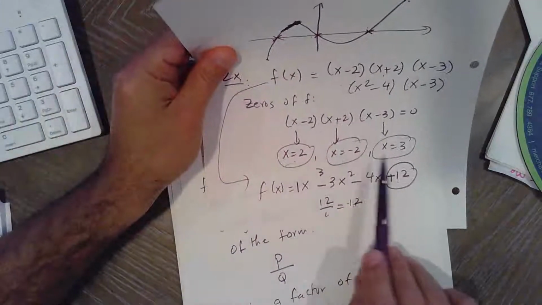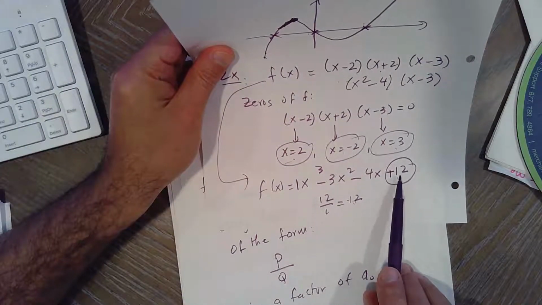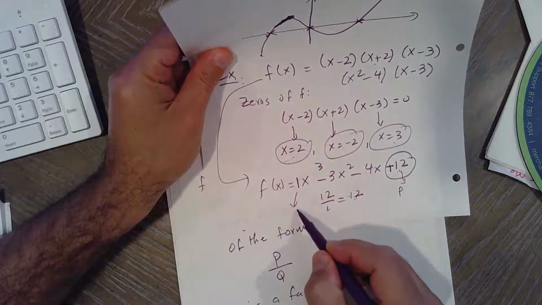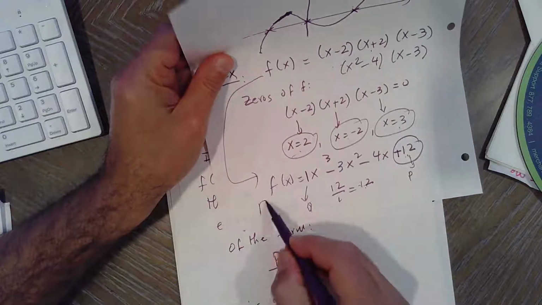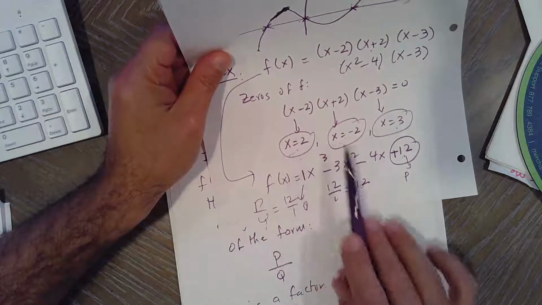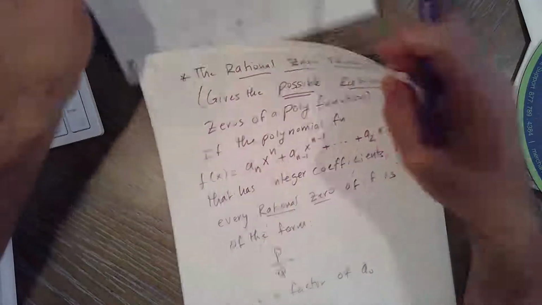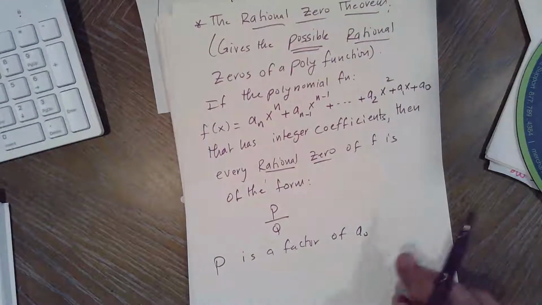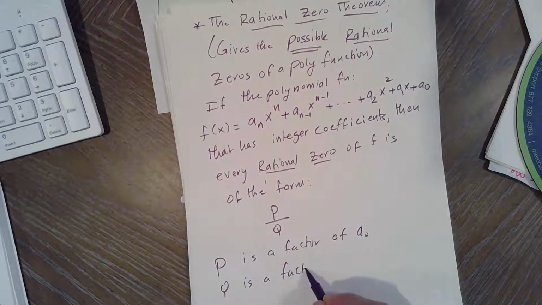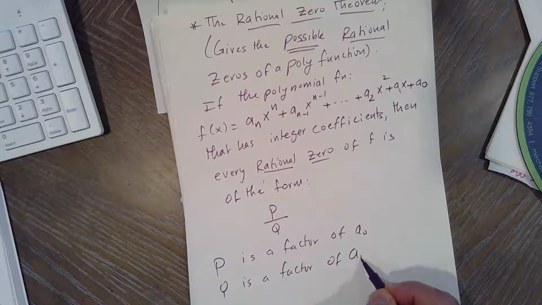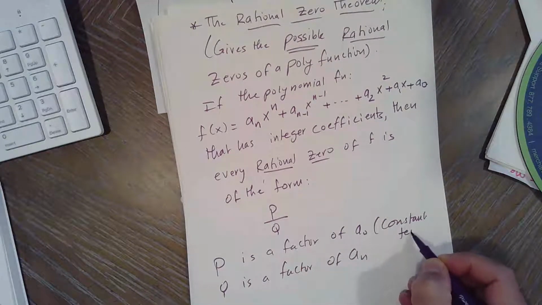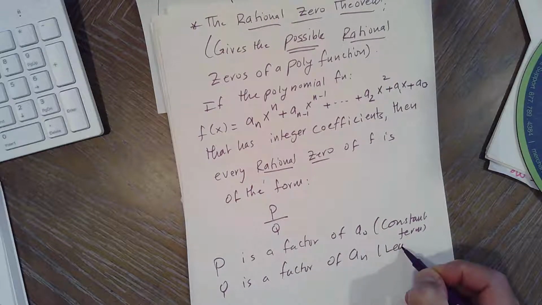The 2, the negative 2, and the 3 are factors of 12. 12 is p, and 1 is q. So when we do p over q, it's 12 over 1, and that's why these zeros are factors of 12, okay? So p is a factor of the constant term, and q is a factor of the leading coefficient. This is the constant, the term that has no x, and this is the leading coefficient.